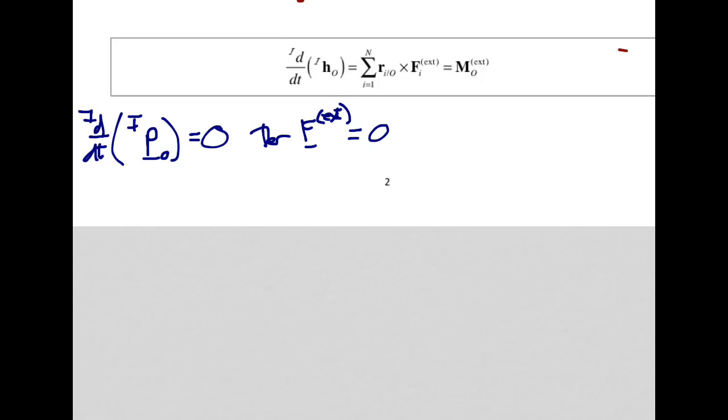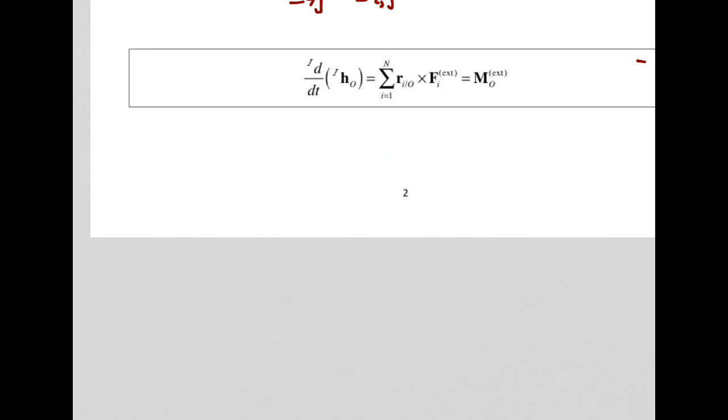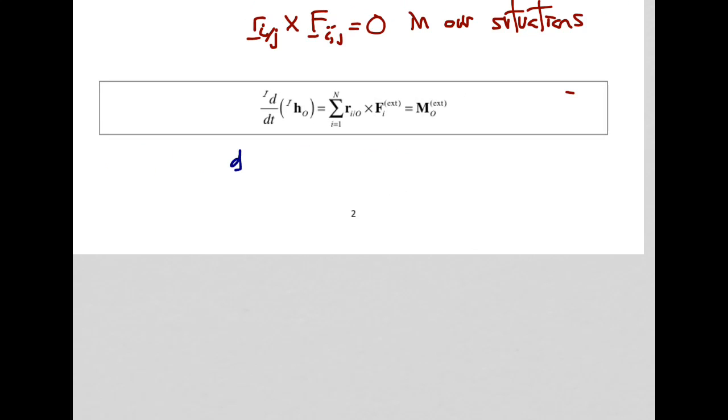With our angular momentum, the parallel is that when the time derivative of our angular momentum, observed in the inertial reference frame, is equal to 0, then the sum of the moments on the system is equal to 0 as well.